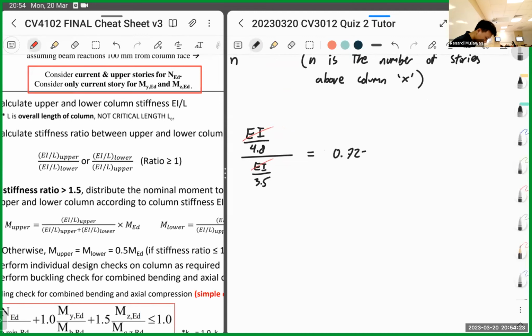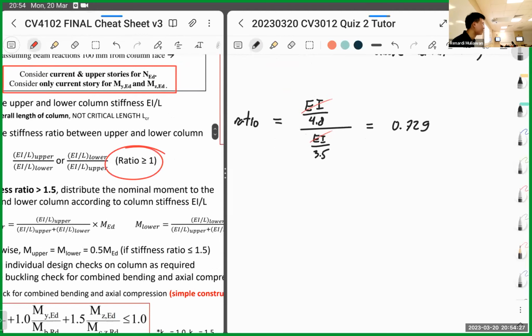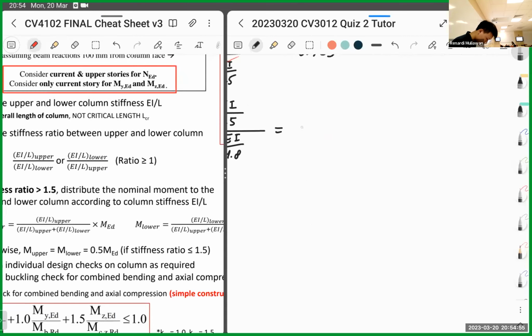So if you notice, I actually purposely do this. Ratio must be bigger than 1. So if the ratio is less than 1, flip the thing. So it's supposed to be EI divided by 3.5 divided by EI divided by 4.8. So this one is 1.37.